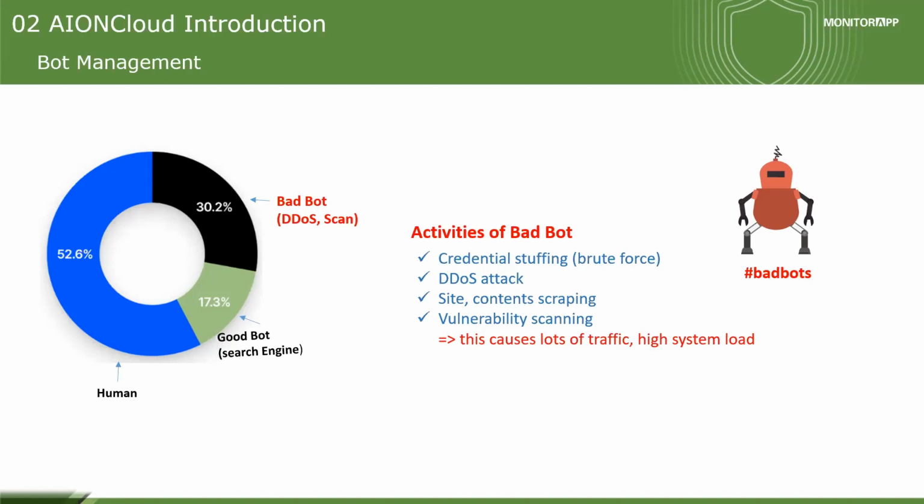The good bots, like Google and Bing, the search engines, are good bots, and around 30% of the traffic is bad bots. The activities of bad bots are credential stuffing attacks, DDoS attacks, content scraping, and vulnerability scanning. If this kind of activity is done on our website, then this can cause lots of traffic as well as high system load.